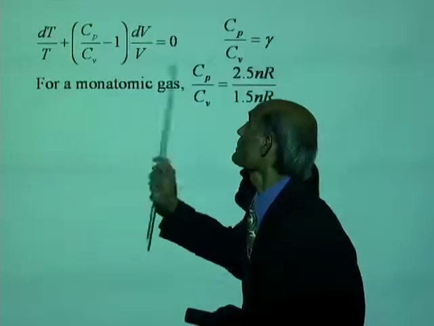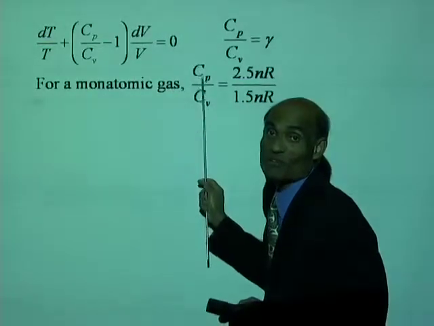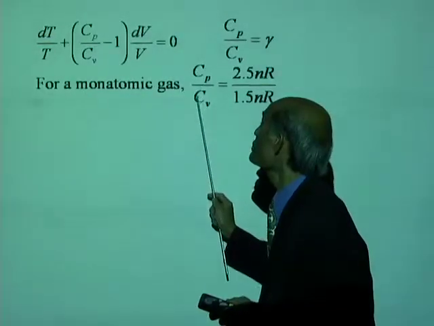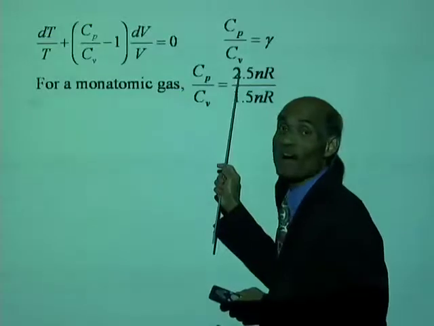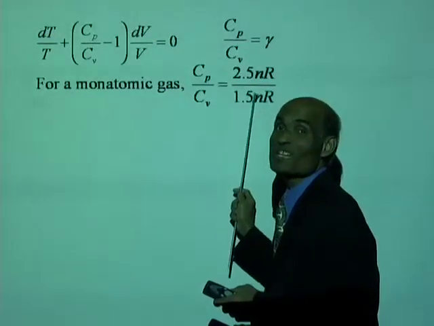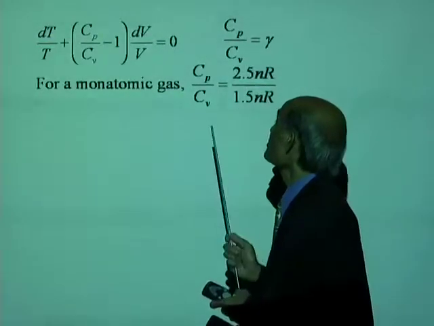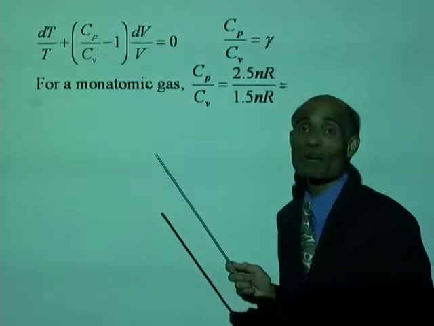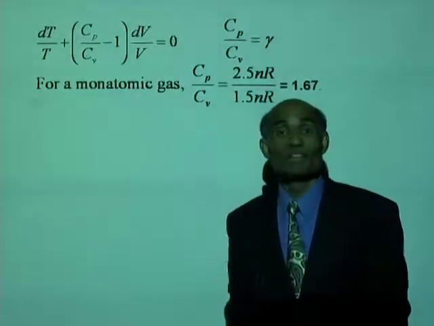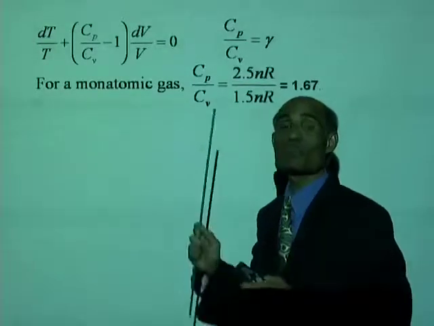And so our equation now becomes, how does that become? For a monoatomic gas, let's look at the value of gamma. Cp is 5 over 2 nR and Cv is 3 over 2 nR, and that will be 2.5 divided by 1.5, so for a monoatomic gas, Cp divided by Cv, that is gamma, is 1.67.